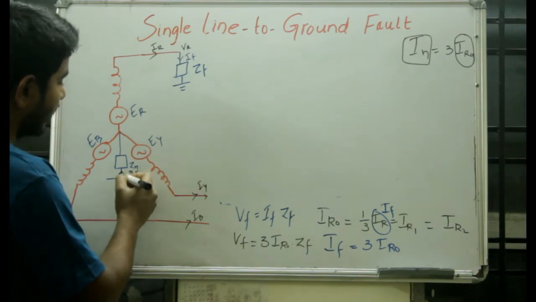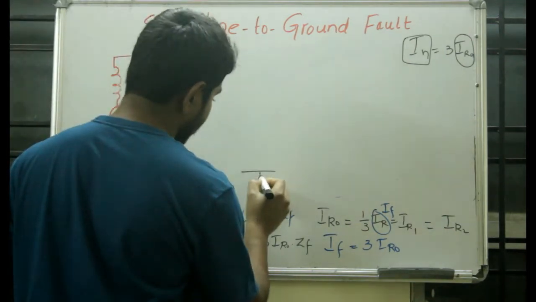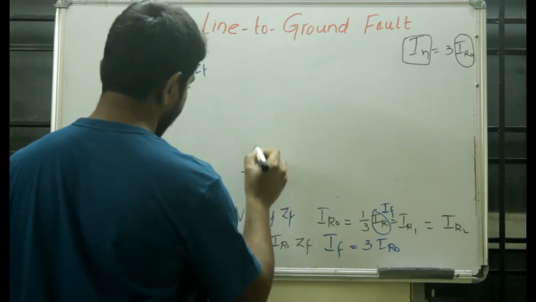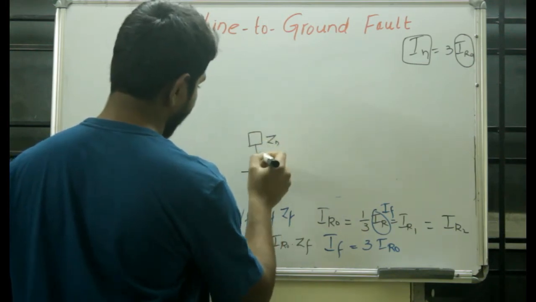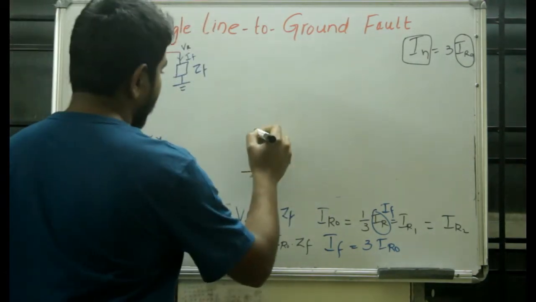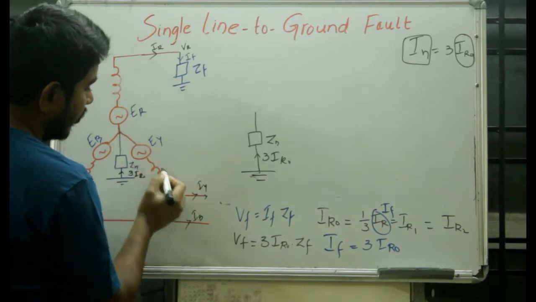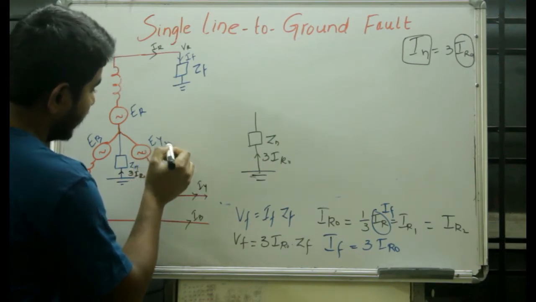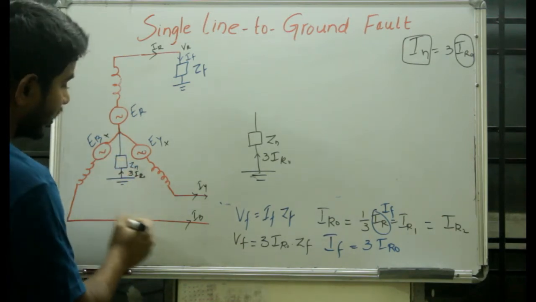Okay, so if we start our equivalent diagram from the neutral, let me say this is your ground. Now from here I am having an impedance, let me say this is Zn, and here the current flowing is 3 times of IR0, right? Now going forward, as there is no current flowing in this circuit, your EY cannot be considered, and your EB also cannot be considered as they are open circuited.